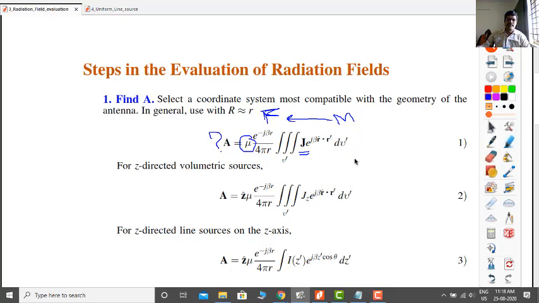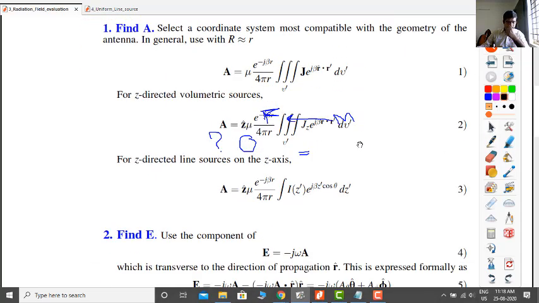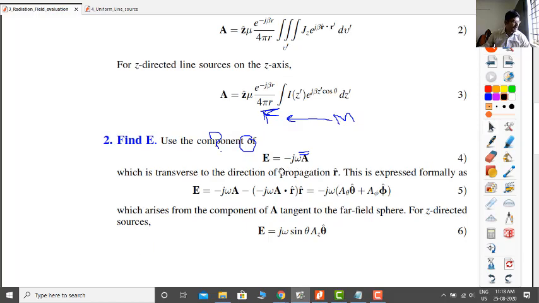And in the next step we have to compute the E. E is the electric field, which equals minus j omega A. For the Z directed line source, E will be minus j omega sin theta A_z, oriented along the theta direction.